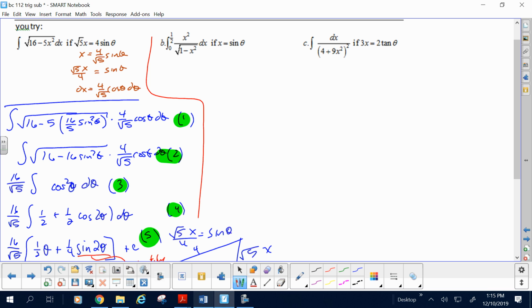Oh, actually, can we pause here? Sorry, I want to talk about something. When you make a substitution with a definite integral, there are two okay ways to deal with this. One is to actually change the limits.